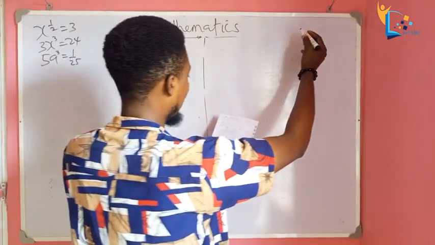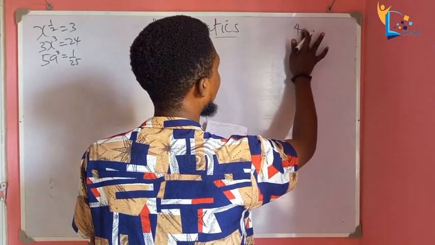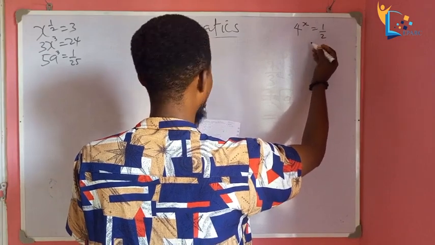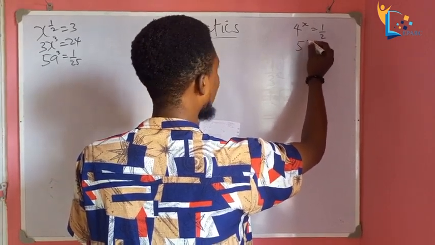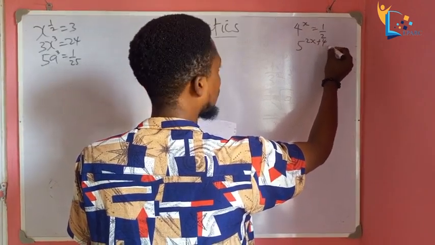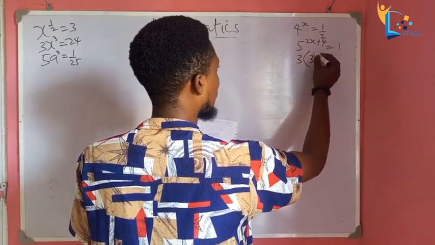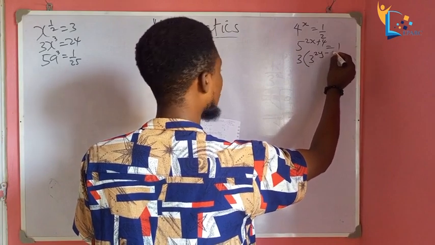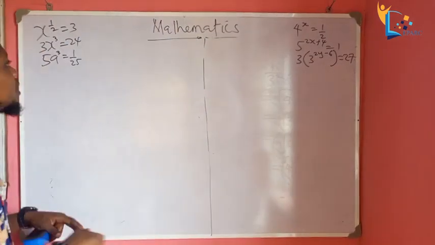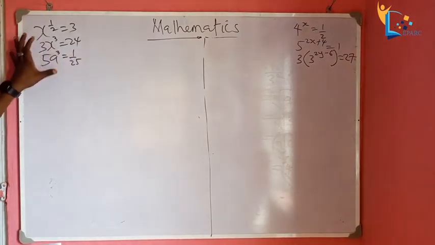On the other hand, 4 raised to the power of x equal to 1 over 2. Then 5 raised to the power of 2x plus 4 equal to 1. Then 3 raised to the power of (2y minus 6) equal to 27. Okay, so these are equations involving the knowledge of indices.